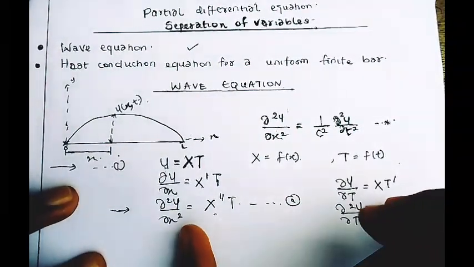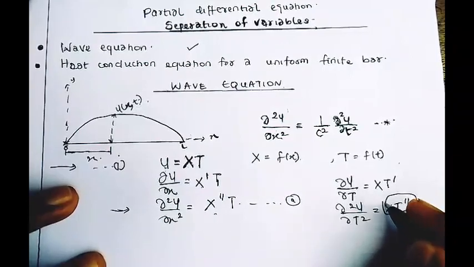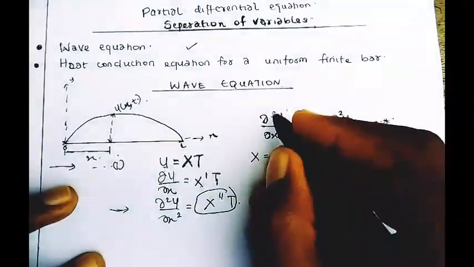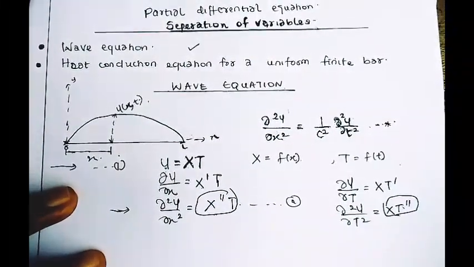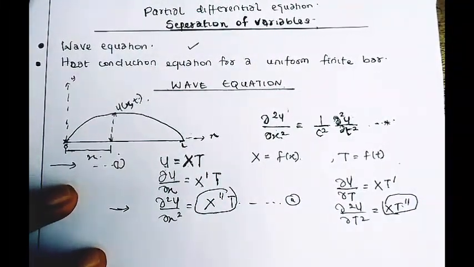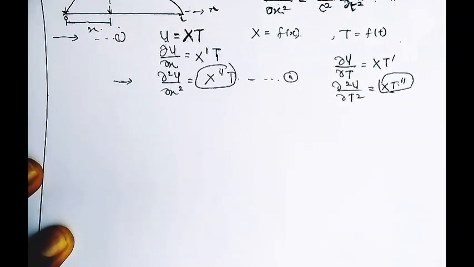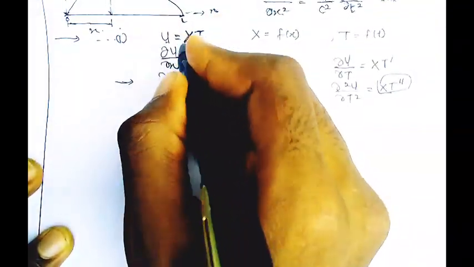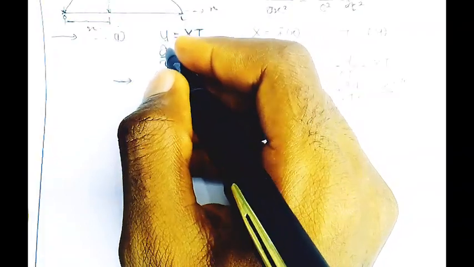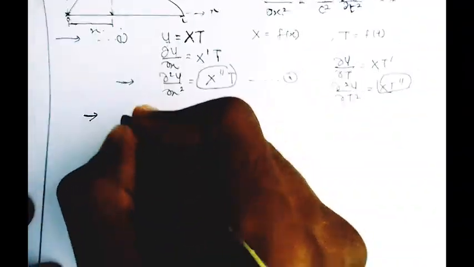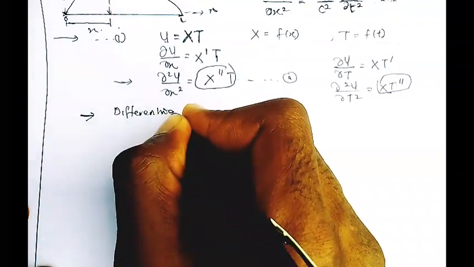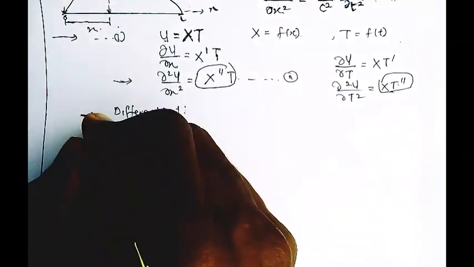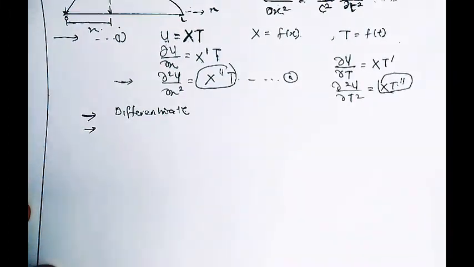So now I'm going to be substituting these values I got. I'm going to be replacing the dx square here and this dt square here with these values into the wave equation. So the first thing, we express u as X and T, then we differentiate, then we substitute the values we got from the differentiation into the actual equation.